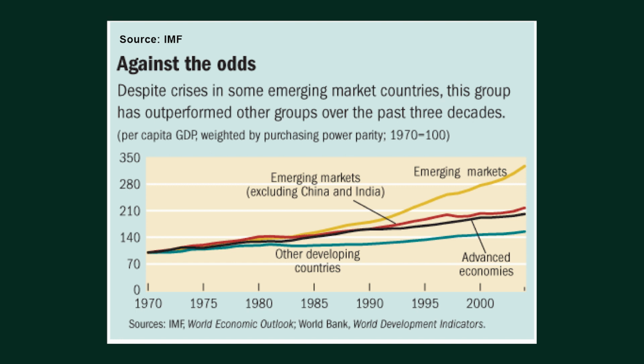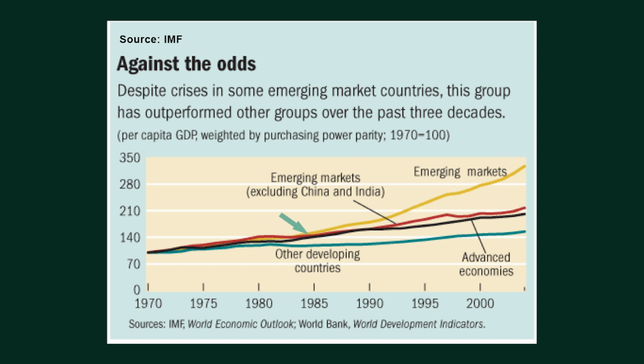So if we look at the chart till 2004, you can see in this chart there is a yellow line. This yellow line basically shows the emerging markets. That means we find that the per capita GDP in these emerging markets has increased, which shows that they have been growing. And if we look at the red line, that is the emerging markets excluding India and China.